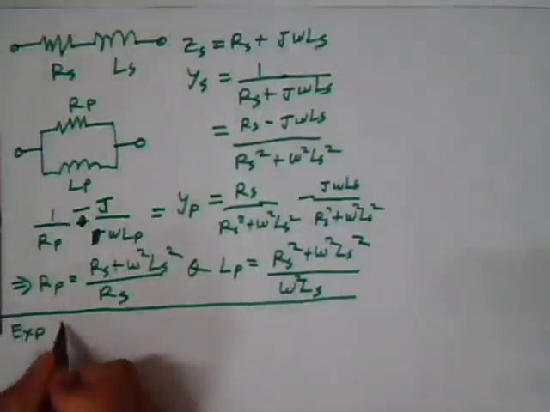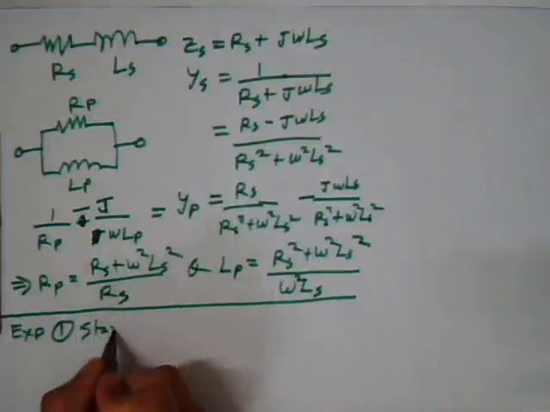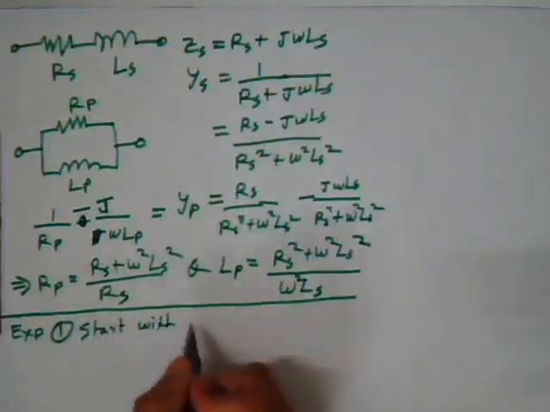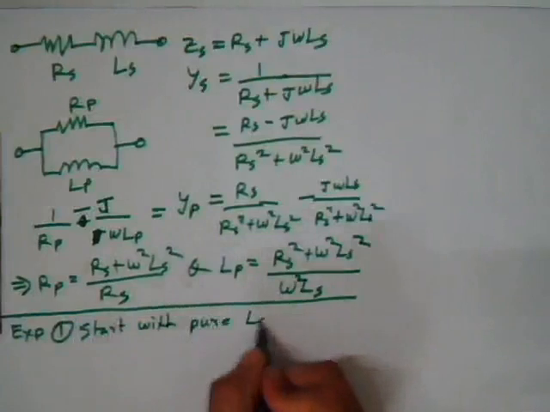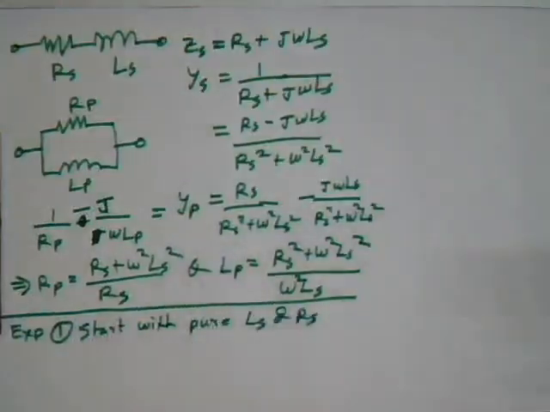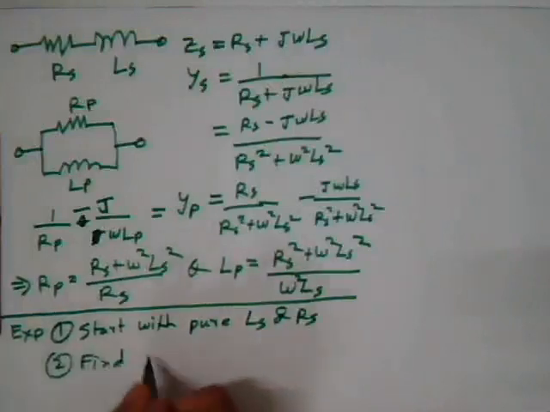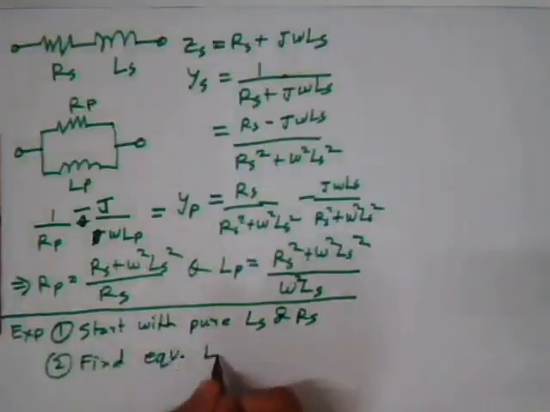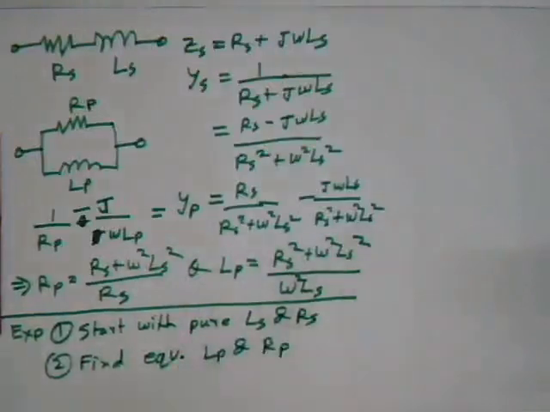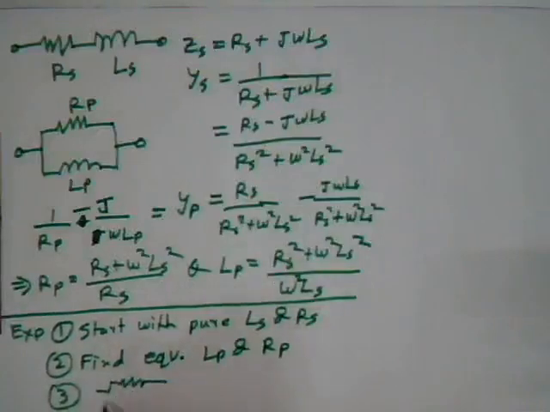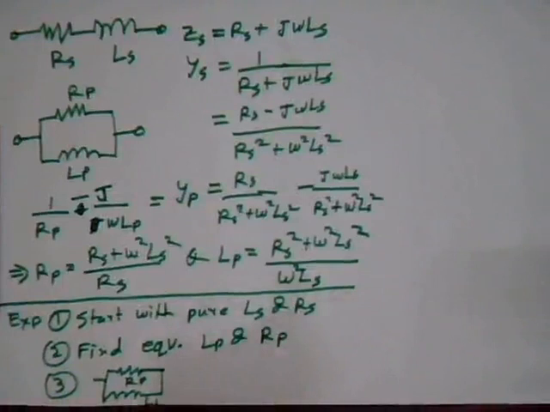So I first start with pure Ls and Rs, and then find the equivalent Lp and Rp, and then, third step, make the circuit. So this is Rp and this is Lp.